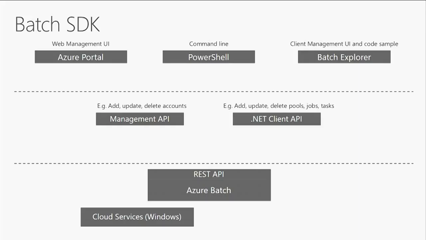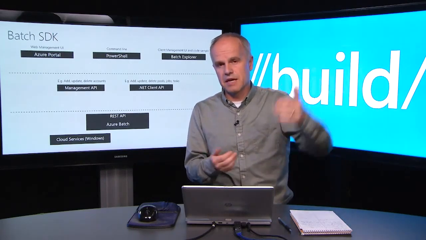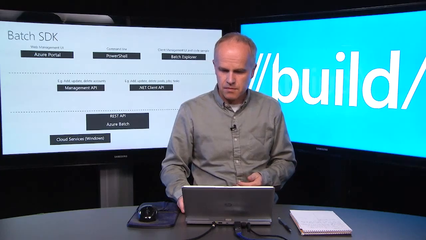And then all of that sits on top of the Azure Batch service, which has a REST API, and it itself, we leverage cloud services, and that's how we get, with worker roles, that's how we get the pool VMs that we've seen. And then with standard Windows images, and then we install the applications on top.